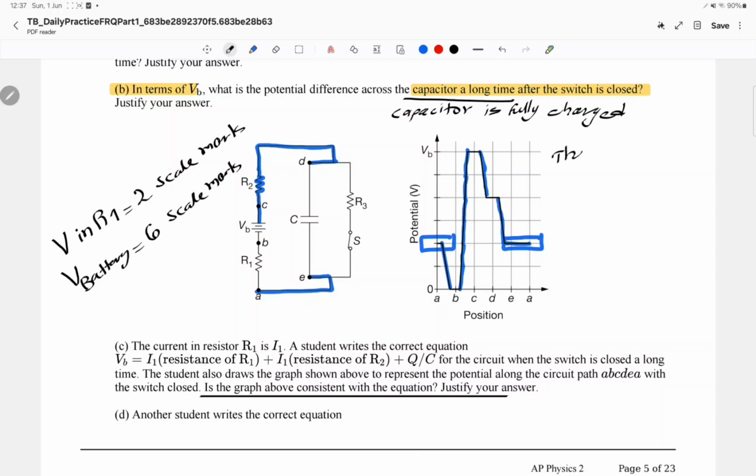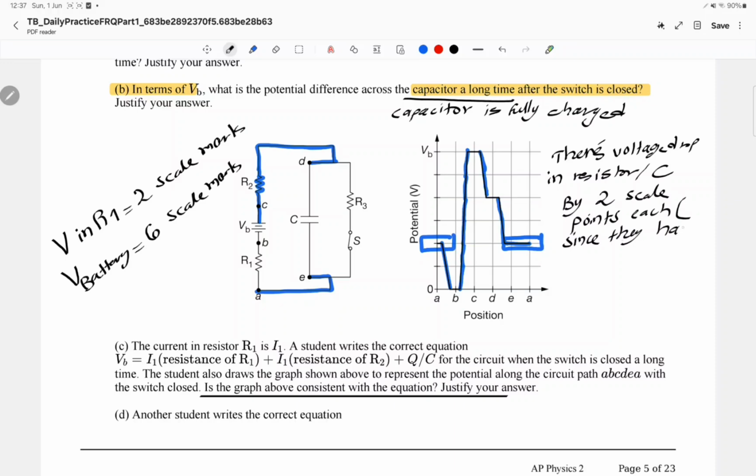So basically, there is a voltage drop in the resistor and capacitor by 2 scale points each, since they have the same voltage, and a voltage rise in the battery by 3 times that amount.